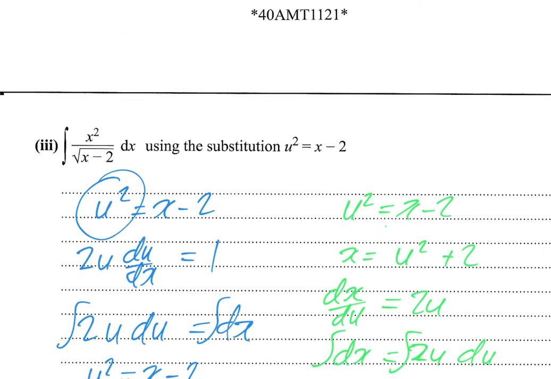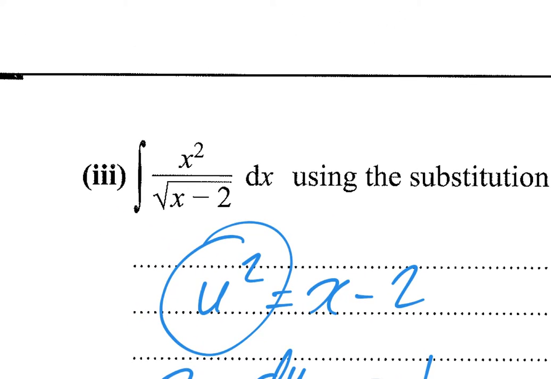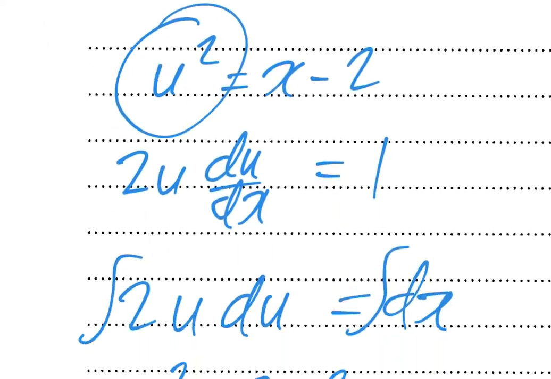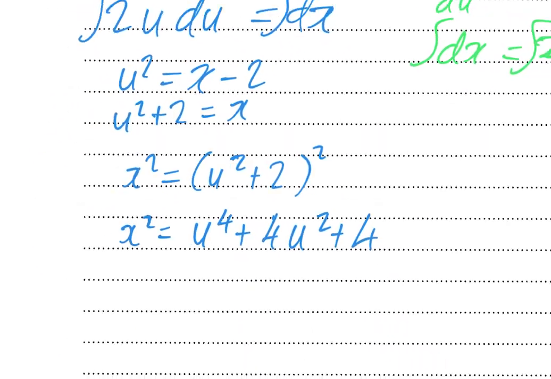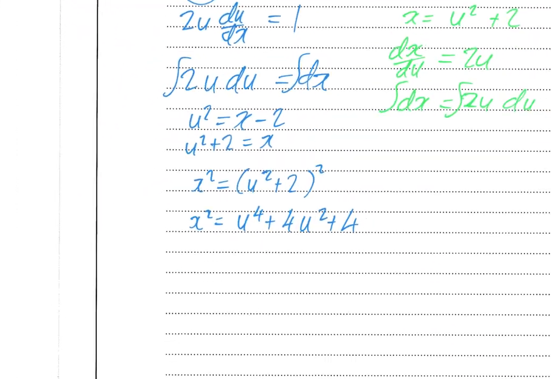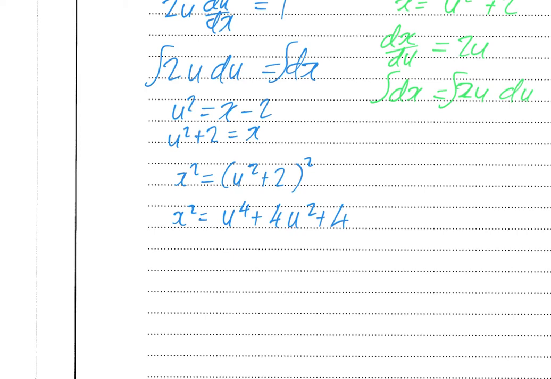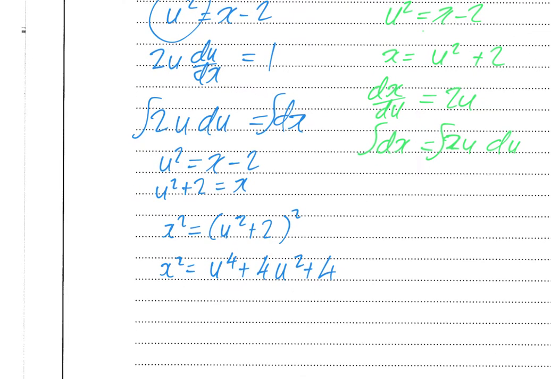Okay, the next thing we've got to sort out is the square root of x minus 2, which is on the bottom line. Again, we're using our identity that the question gives us: x minus 2 is equal to u squared. So we'll just write that down. x minus 2 is equal to u squared, which means the bit that we wanted, the square root of x minus 2, is equal to the square root of u squared, which is just u.